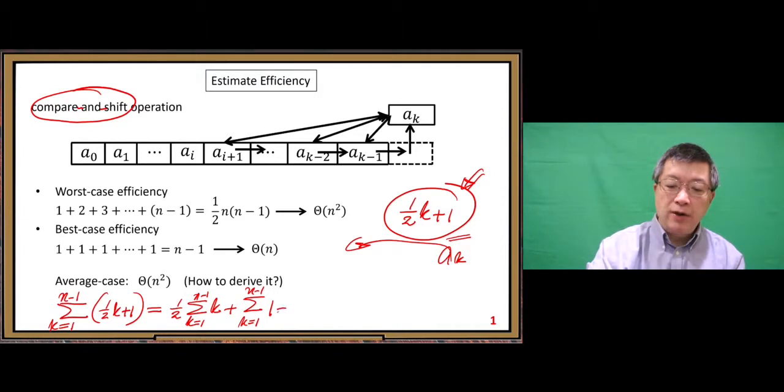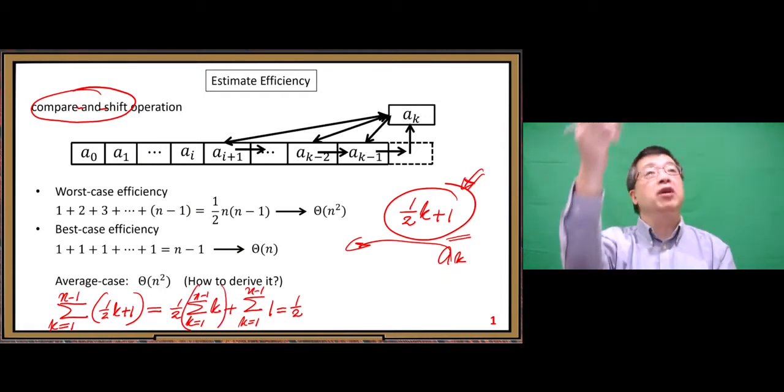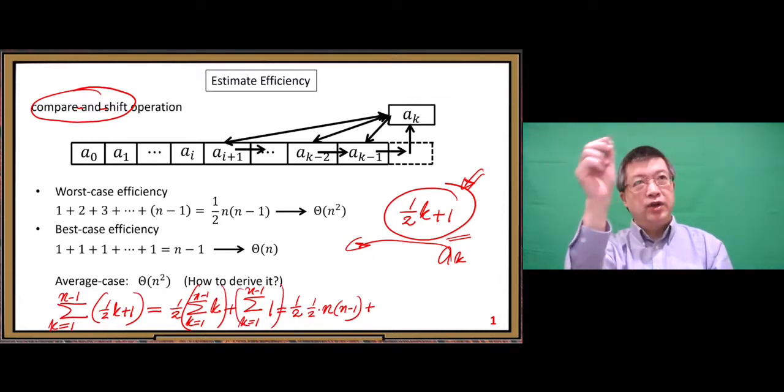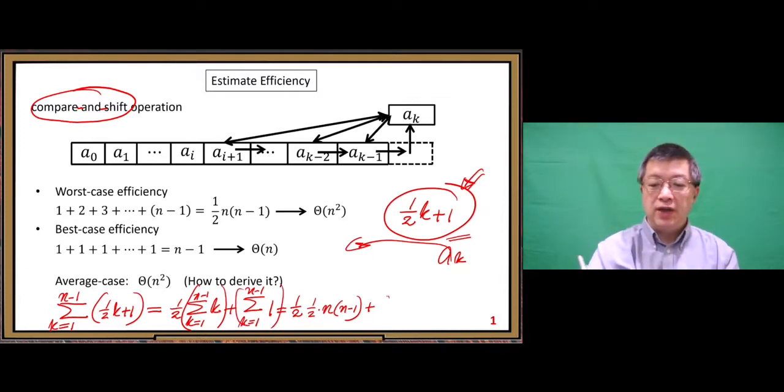The first part: 1/2, the constant, then the summation formula. The formula is 1/2 times 1 plus n minus 1, so that's n times n minus 1. Plus this part: n minus 1 terms, each one 1, so you get n minus 1.